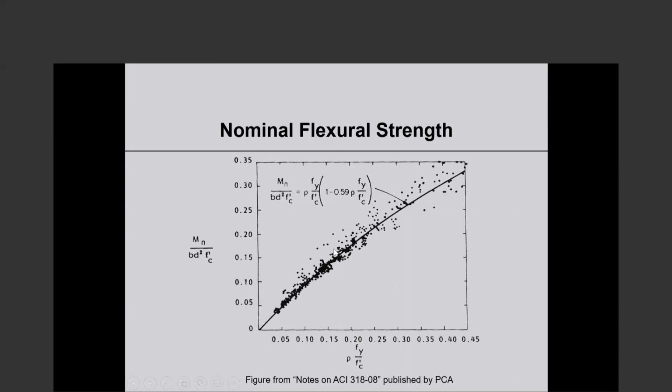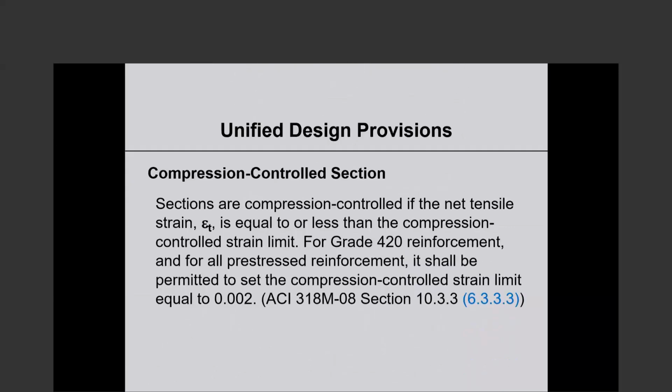The dots are experimental values, and the line is the nominal moment strength calculated using the ACI rectangular stress block. So you should have no qualms about using the rectangular stress block.